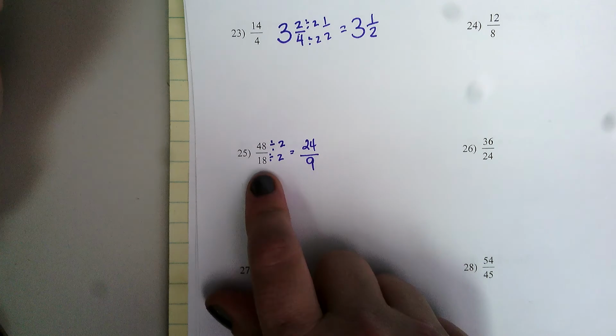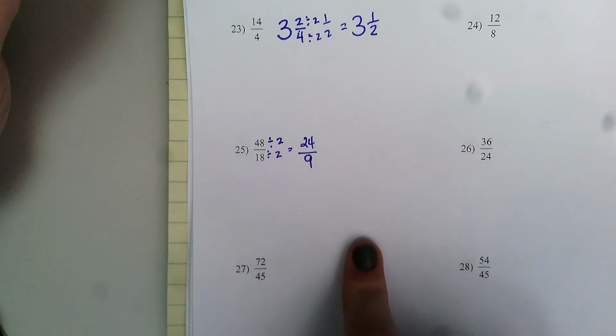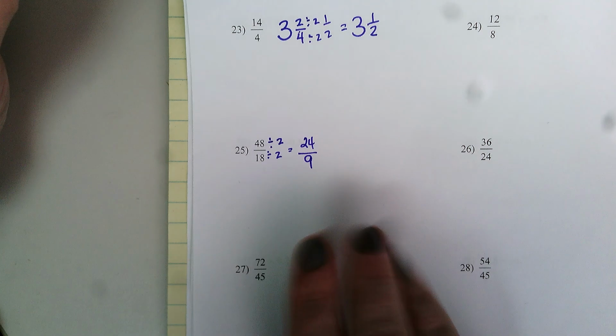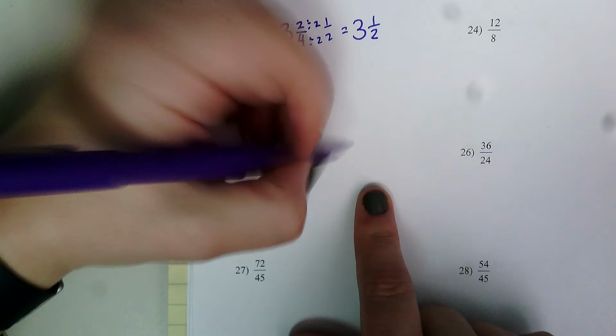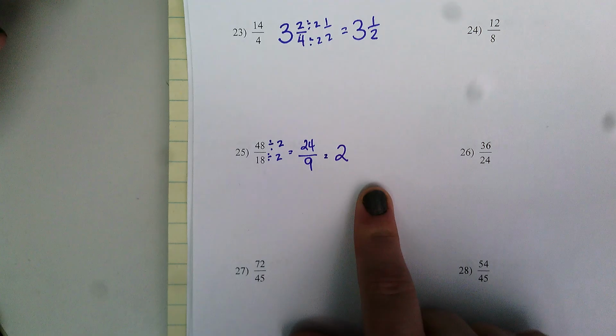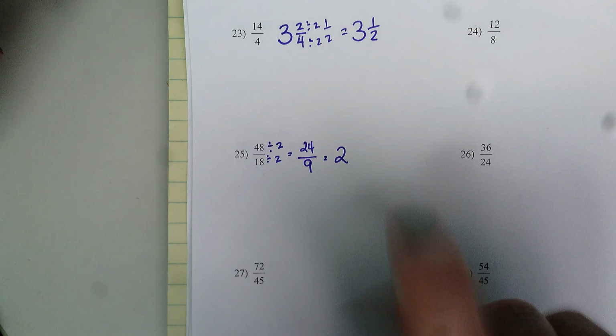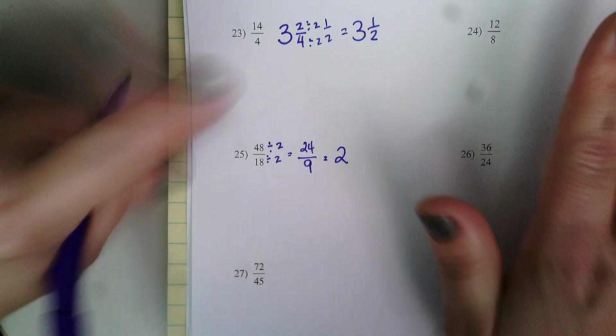Now, instead of having to figure out how many 18s will go into 48, I just figure out how many 9s will go into 24. Well, 9 times 1 is 9, 9 times 2 is 18, 9 times 3 is 27, so that's too big, but I can stop at 9 times 2. So I have 9 times 2 is 18, and then from 18 to 24, 18, 19, 20, 21, 22, 23, 24.